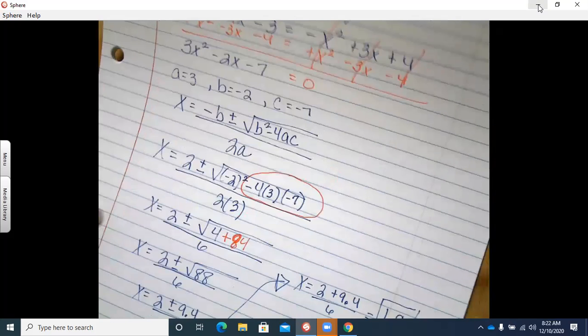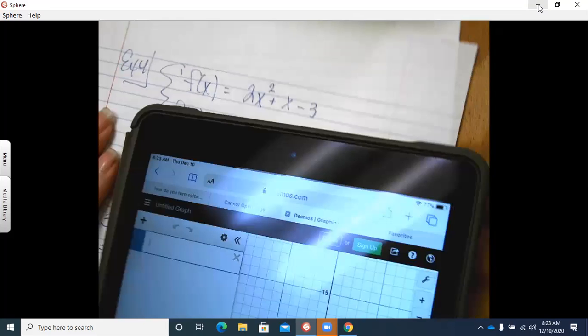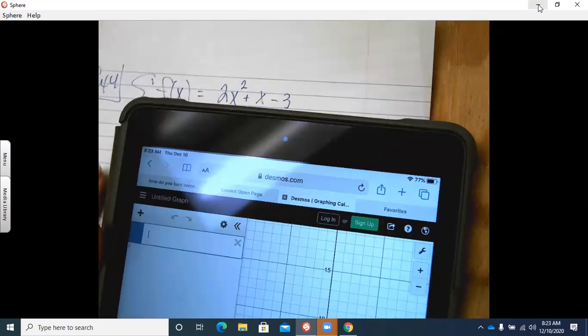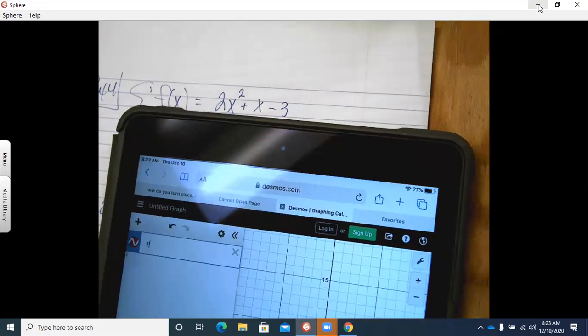So I got my iPad out. Oops, I don't want to show you my passcode. And I will enter these two equations. Sorry about that glare. So I have 2x squared plus x minus 3. It's different than it is on the computer. Well, I'm afraid I'm going to get it locked up.